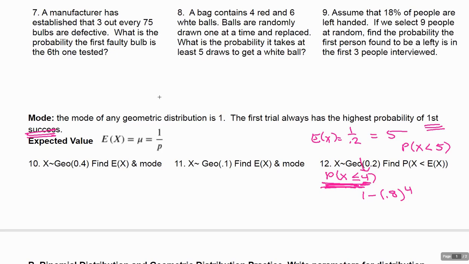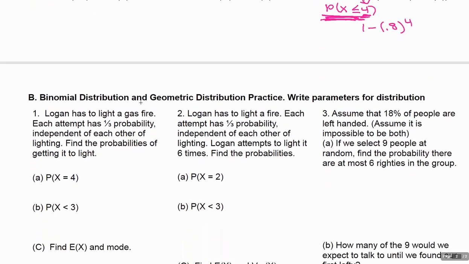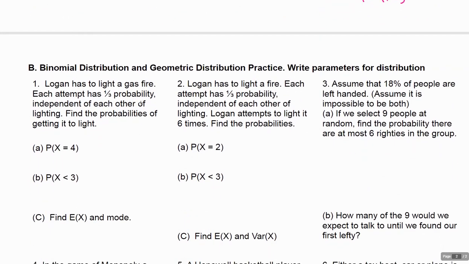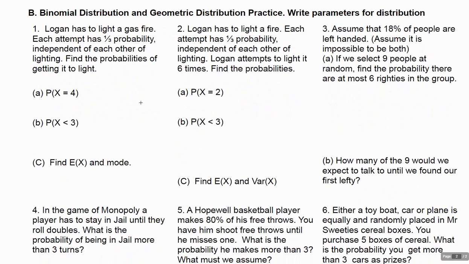Okay. Yeah, that one makes sense. Are all these questions in the back questions that we've gone over? But see, the trick is that they're mixed, and you have to identify which one. For example, in number 1, Logan's lighting a fire. Each attempt has a 1/3 probability, independent of each other, of lighting. Find the probabilities of getting it to light.